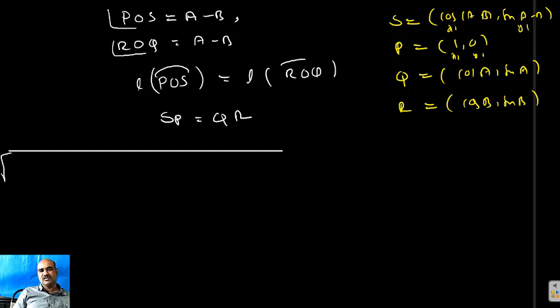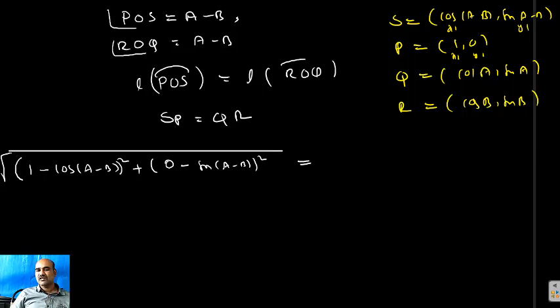I will write x2 means 1 minus cos of A minus B whole square, plus y2 0 minus sin of A minus B square, should be equal to QR.